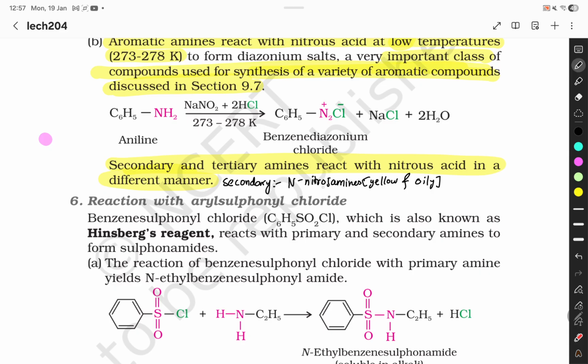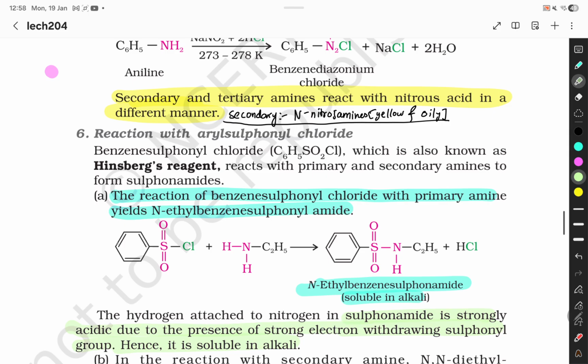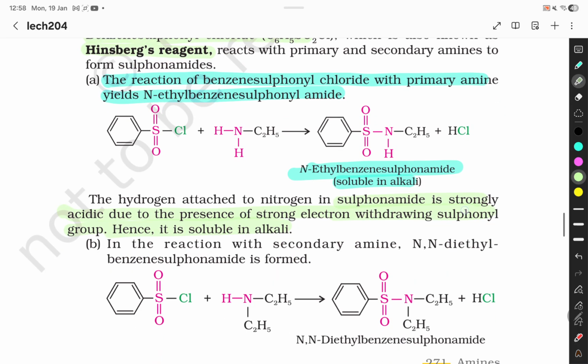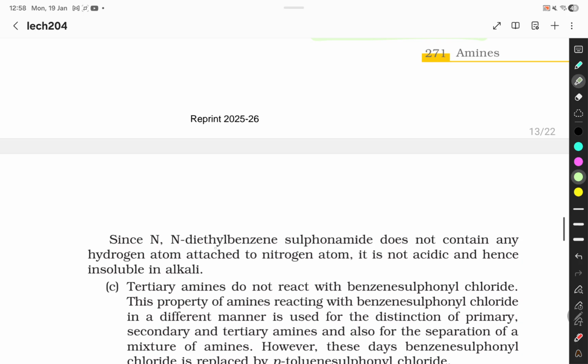Secondary amines form N-nitrosamines. You guys know that Hinsberg reagent is nothing but benzene sulfonyl chloride. The primary amine product has a hydrogen, so it makes it acidic. If you react with a secondary amine, it's not acidic and it's insoluble in alkali.